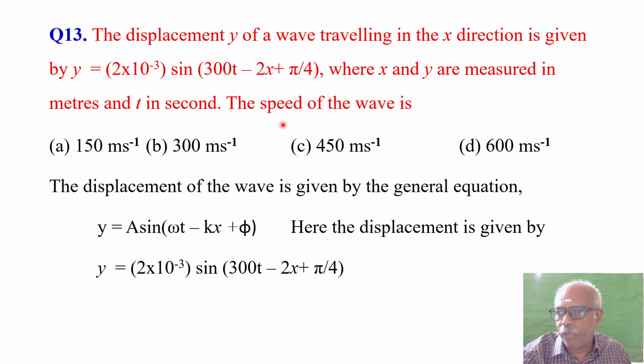The speed of the wave is how much? 150 meter per second, 300 meter per second, 450 meter per second, 600 meter per second. So these are all the four options.